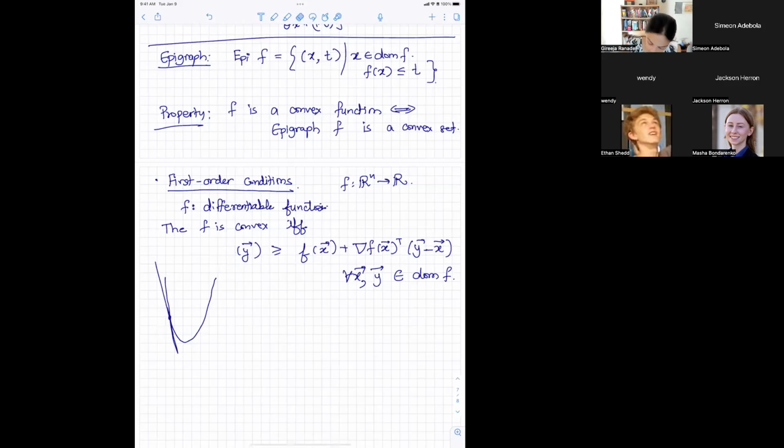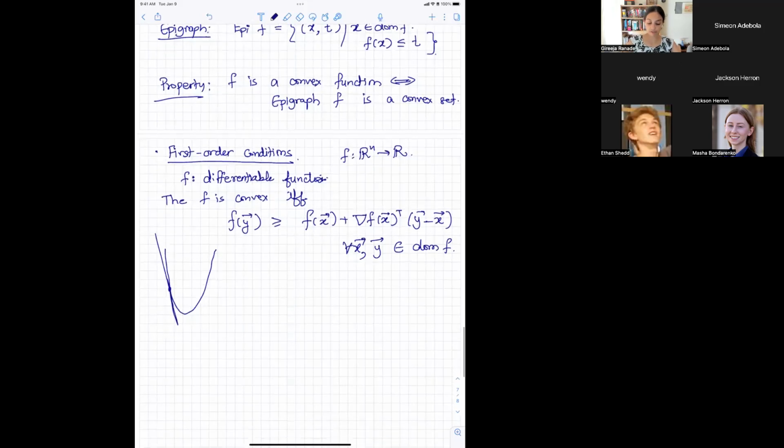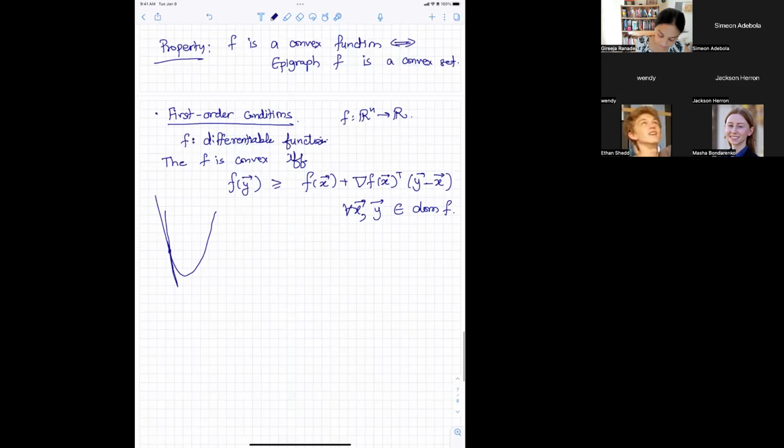And yes, this is f(y). Sorry if my handwriting is not clear. This is called the first order condition for a convex function that is also differentiable. Why is this a particularly powerful condition? What is the implication of this? What does this mean?